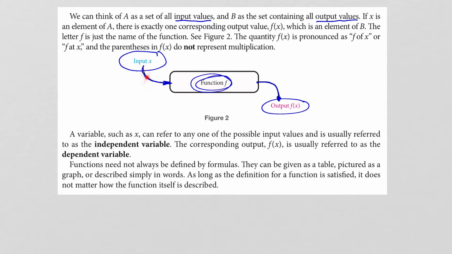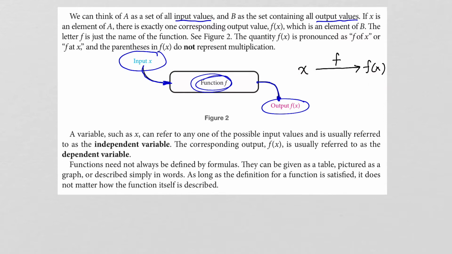You put something into this machine, and the function transforms it into something else when it comes out of the machine. So another way to kind of diagram this is you put an X value into the function, and the function takes that X value and transforms it into another value. Okay, and again, the X here is our input value, the f of X is our output value.